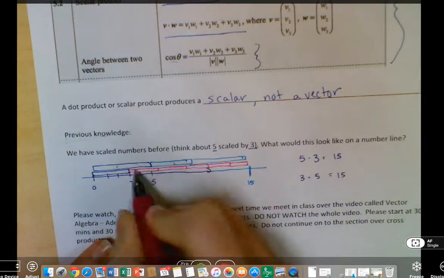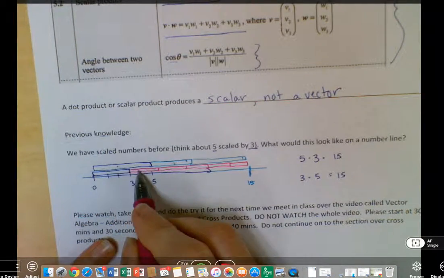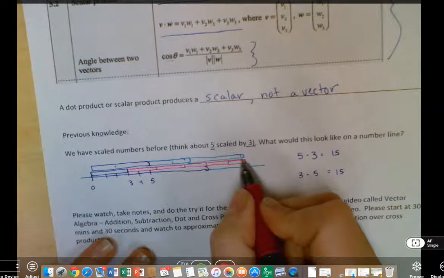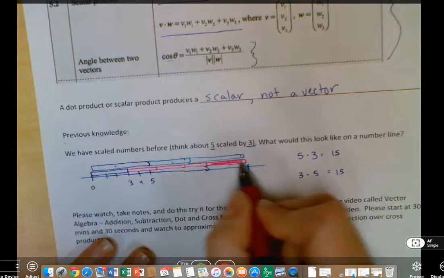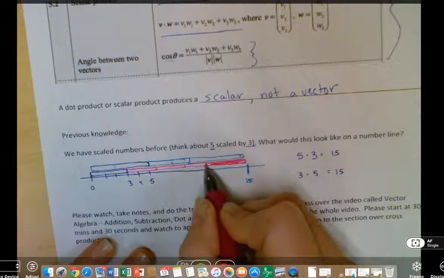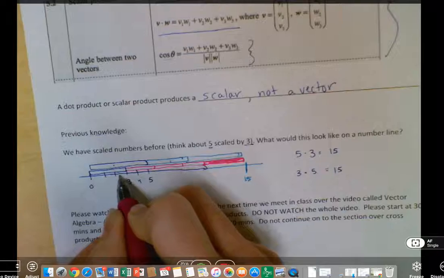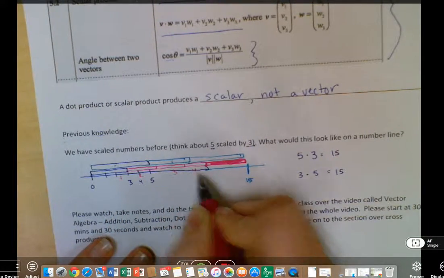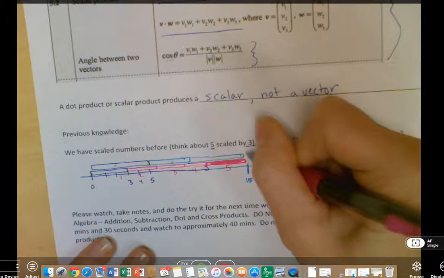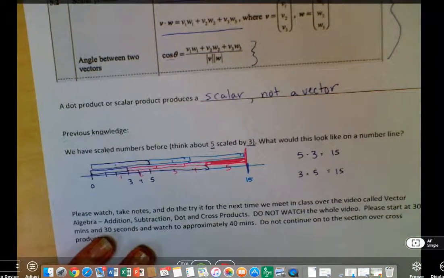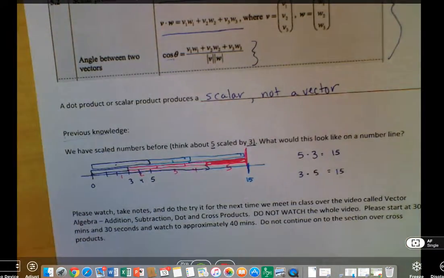We're going to pretend that all of those look the exact same length. So 1, 2, 3, 4, 5. 1, 2, 3, 4, 5. And both of them end at the same location, 15.